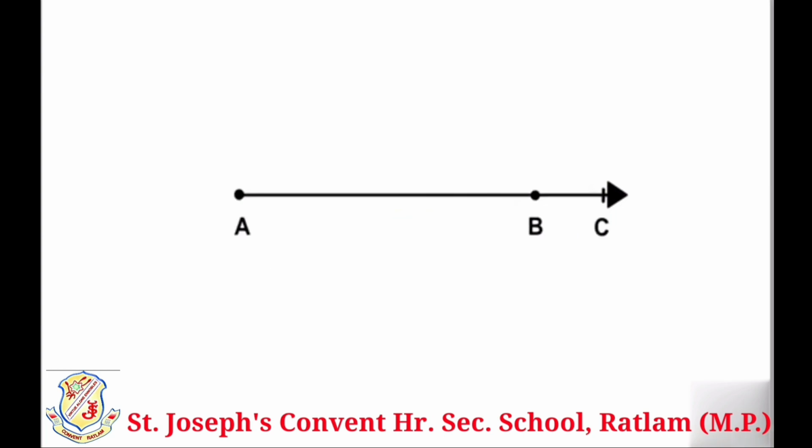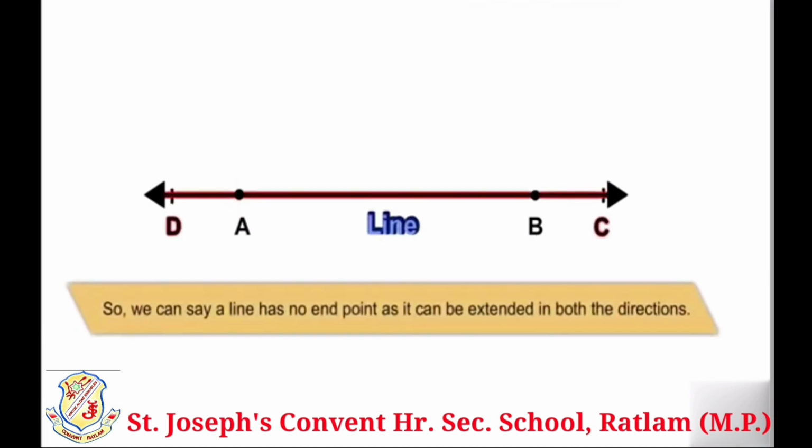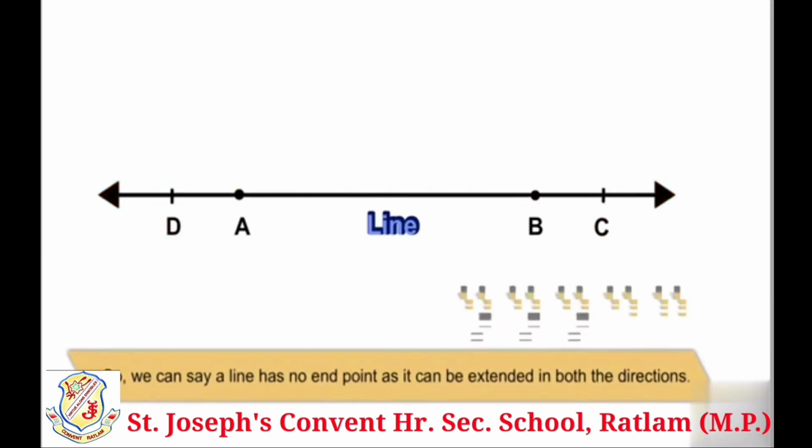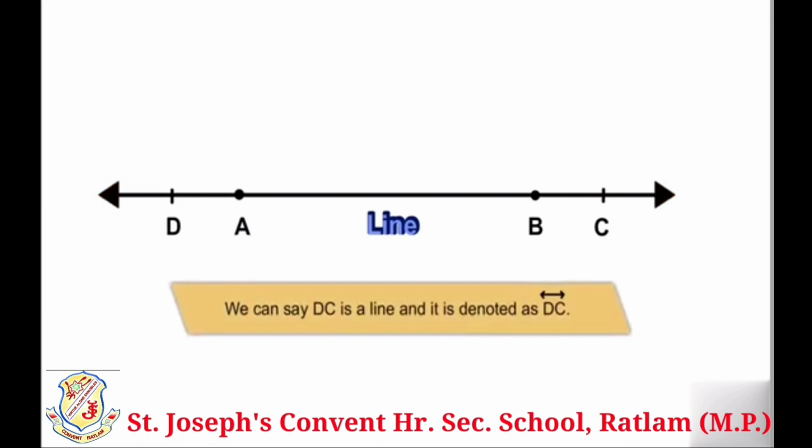Now, if we extend the line indefinitely from this point in the opposite direction, we get a line. So, we can say a line has no endpoint and it can be extended in both directions. Here, we can say DC is a line and it is denoted by a double arrow over the top of the letters.